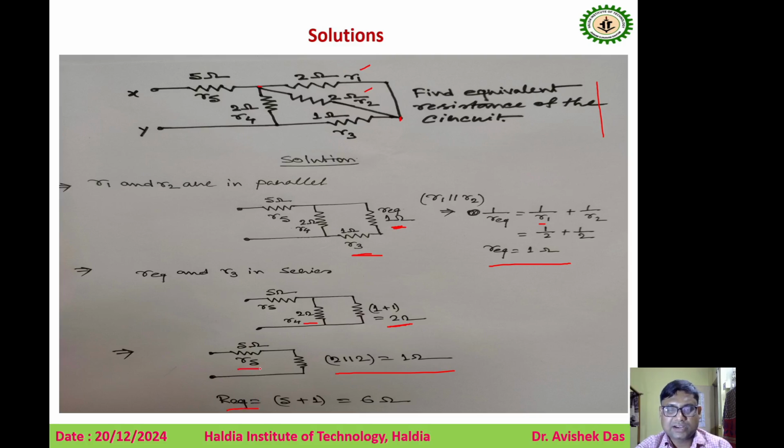Lastly, there is one resistance R5, the value is 5 ohm, and the equivalent resistance we determined up to this is 1 ohm. So the total equivalent resistance is 6 ohm across the terminals XY, right?